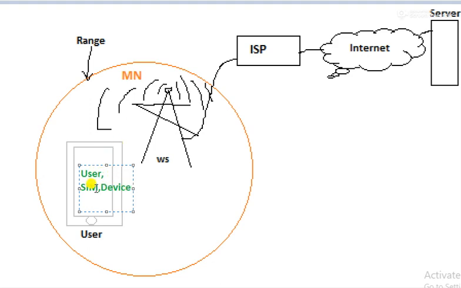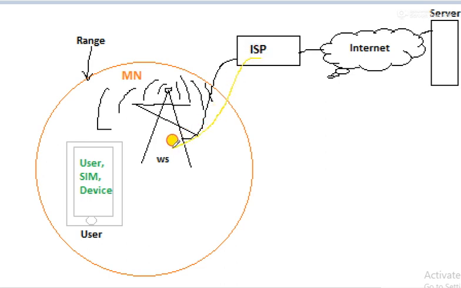So in short, when the user is connected to the mobile network, it is going to deliver some information, which includes the user's information, that is the SIM card, the subscriber identity module based information, and the device based information. So combined, this request will be delivered through this wireless station to the internet service provider, and obviously the next step will be very simple and as usual.